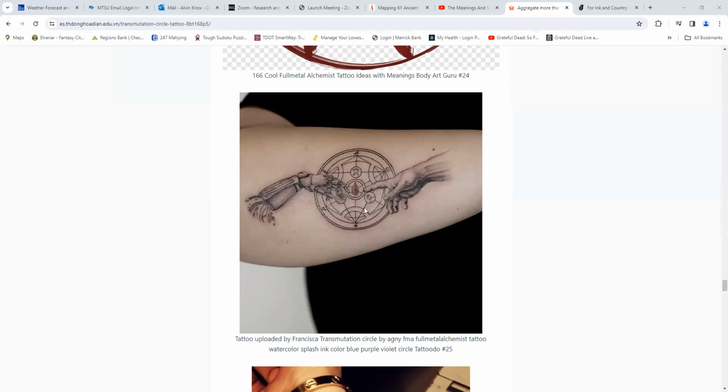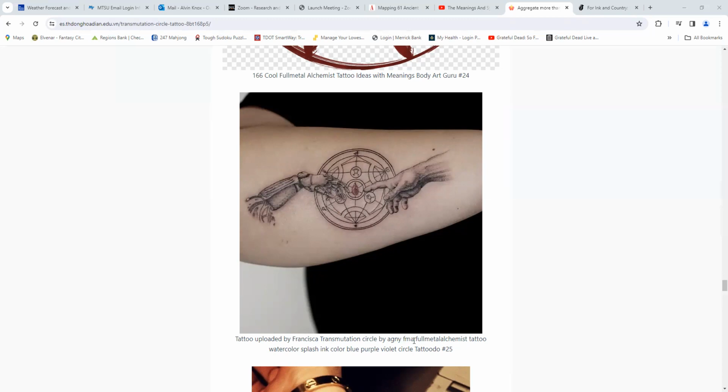This is a Franciscan transmutation circle that's been embellished with a spin-off of the very famous painting, The Creation of Man, right? But this was created by a woman named, I assume, a woman. Perhaps my language barrier is getting in the way.